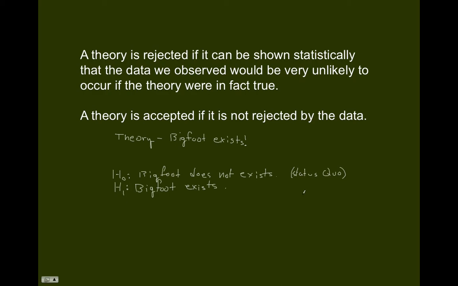So in the homework problems, as you think about them, some of them ask you to formulate a statistical hypothesis, and what you want to keep in mind is the statistical hypothesis is always in two parts. These two pieces together formulate what we call a statistical hypothesis.